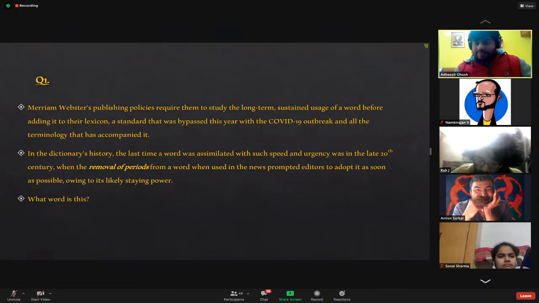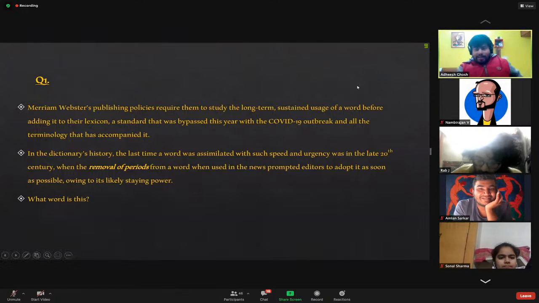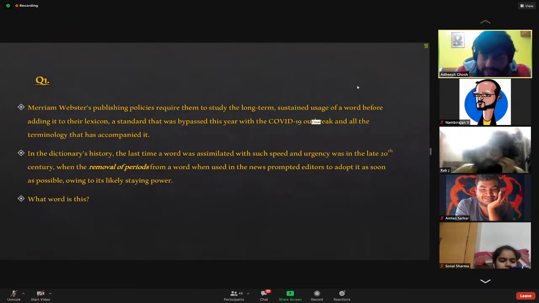So again, I'm emphasizing the fact that this word used to have periods in it. It doesn't anymore. Extremely famous or infamous word, still used in common parlance. I'll see if teams are getting this correct.